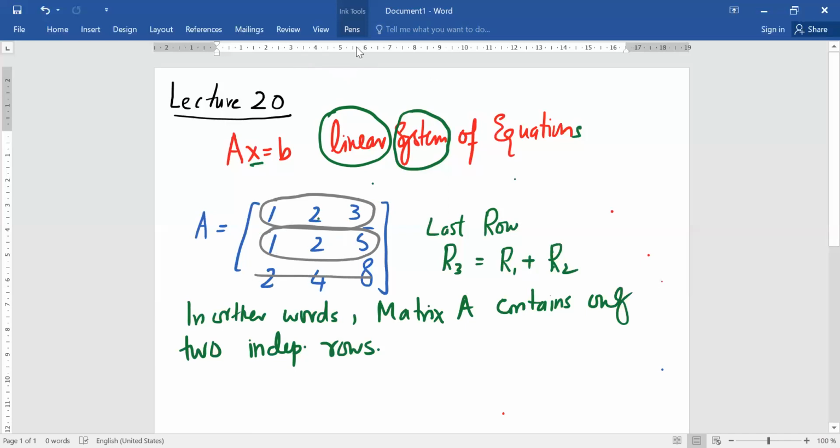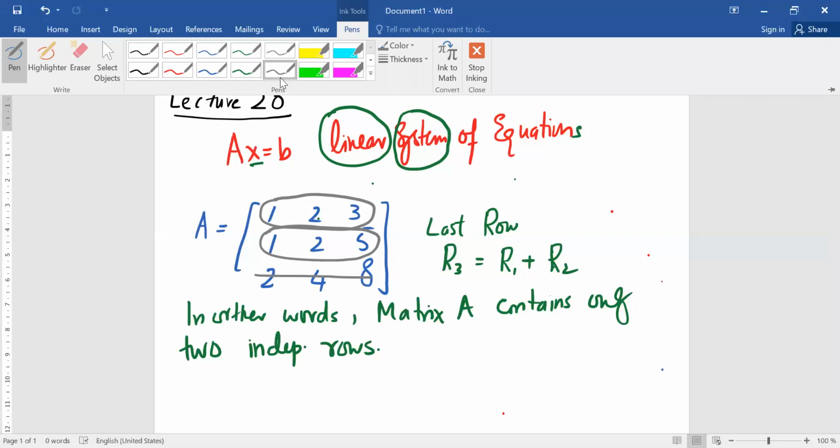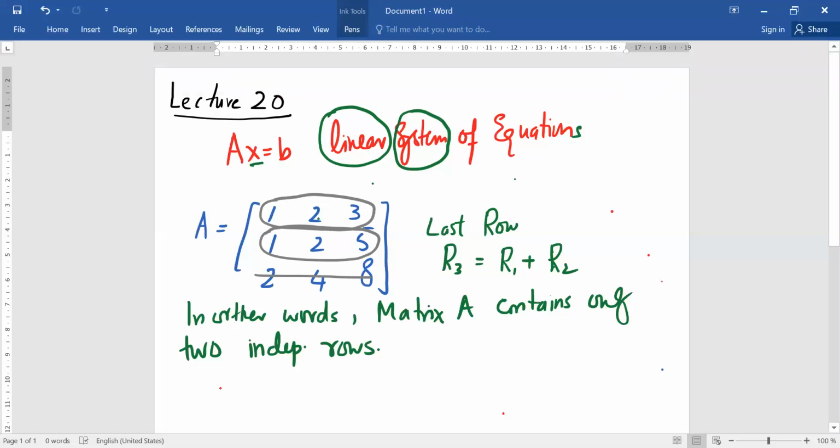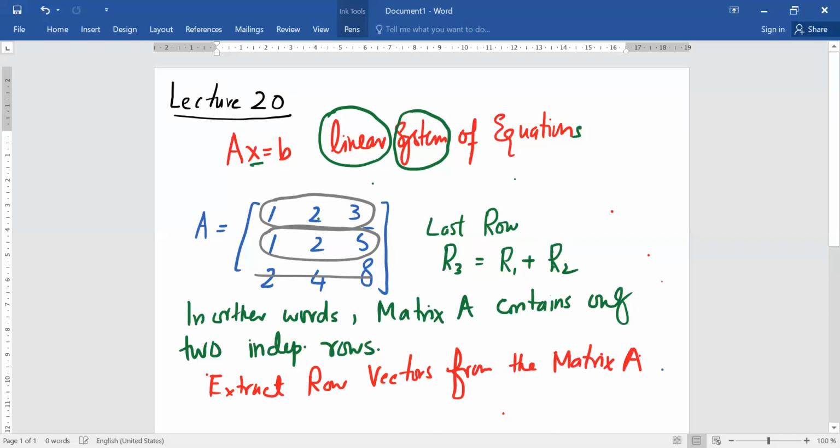Many of the students ask me, I sometimes take the rows and make vectors out of them. Sometimes I take the columns and make vectors. So how do we do this? Let me write it down. I want to extract row vectors from the matrix A. Now this matrix is a coefficient matrix.